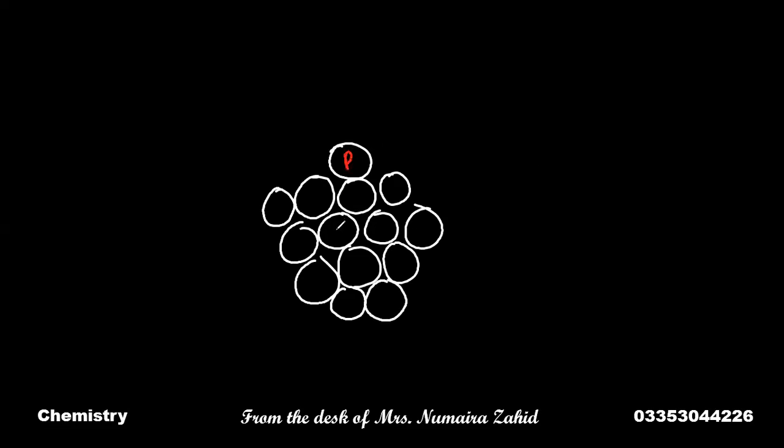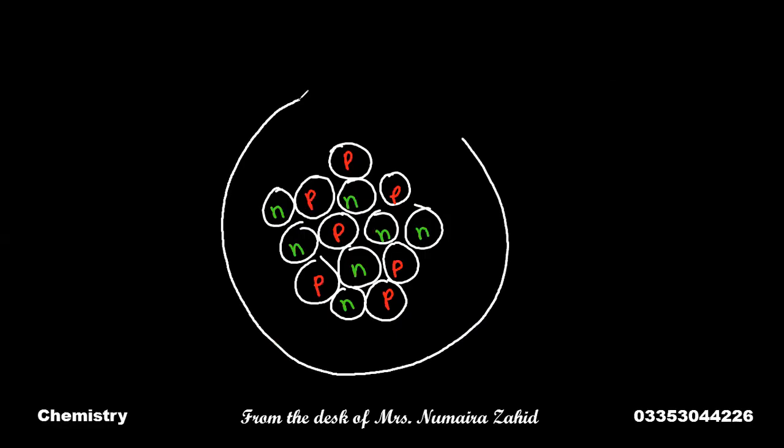We can say protons and neutrons are located inside the nucleus of an atom, and the electrons are revolving around the nucleus.